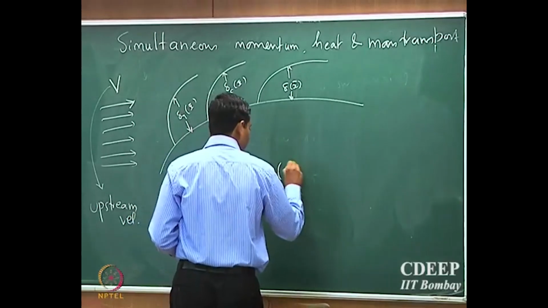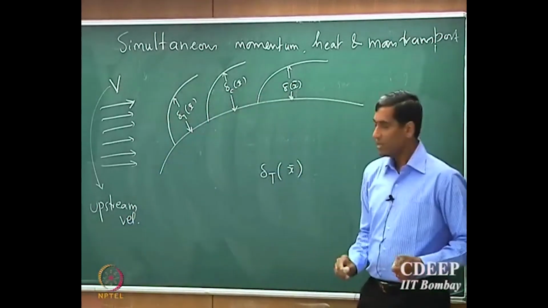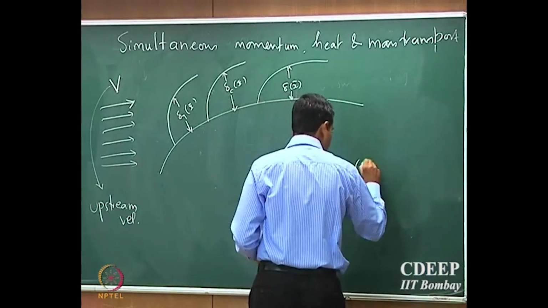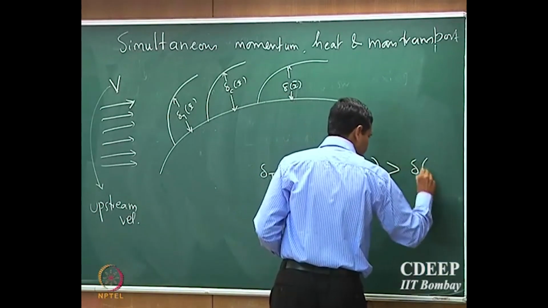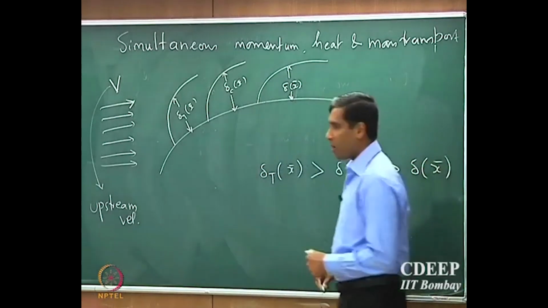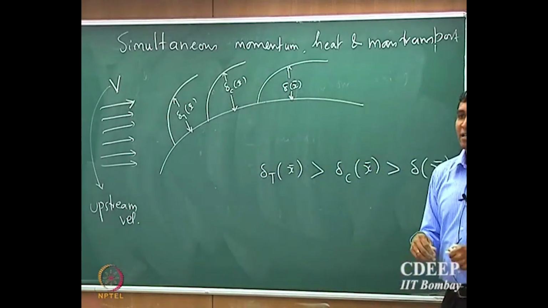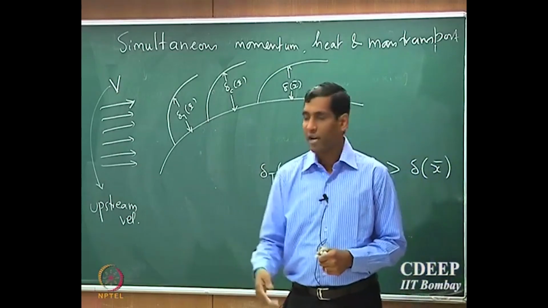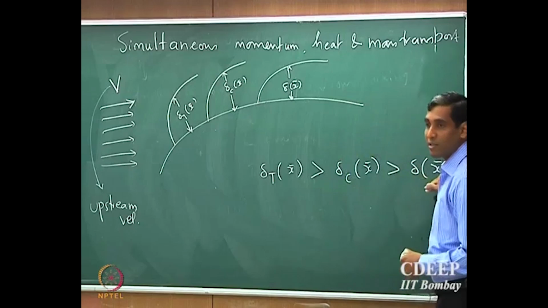The thermal boundary layer thickness is actually larger than the concentration boundary layer thickness, and that is larger than the momentum boundary layer thickness. In fact, maybe in the next lecture or the one after that, we will show rigorously that this is true.